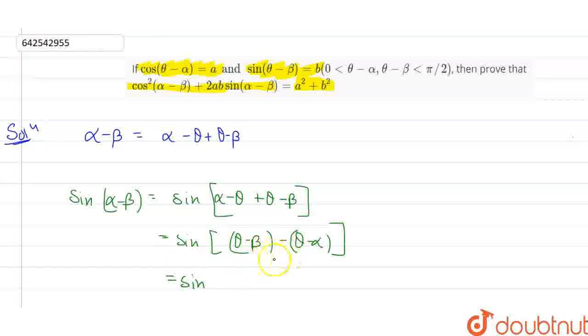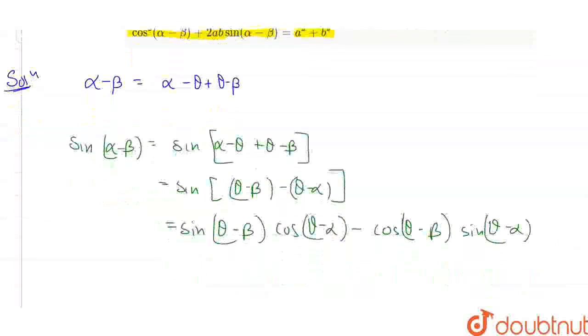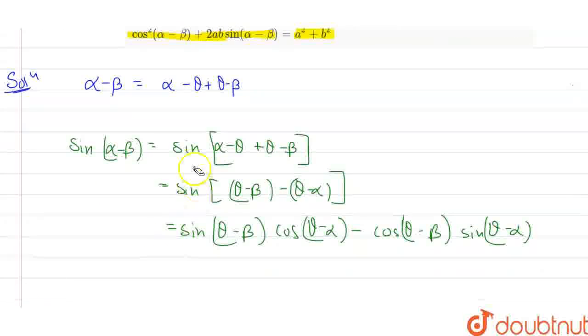The theta minus alpha becomes positive alpha and negative theta. So this becomes sine(theta minus beta) cos(theta minus alpha), this is the formula for sine(A minus B), minus cos(theta minus beta) times sine(theta minus alpha).